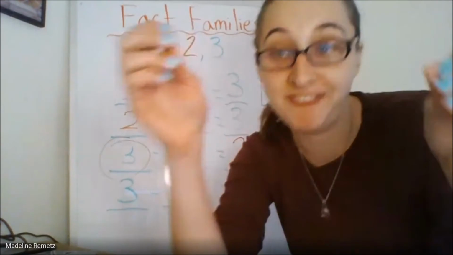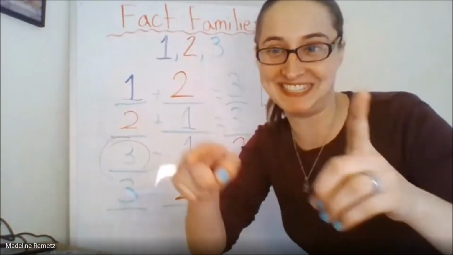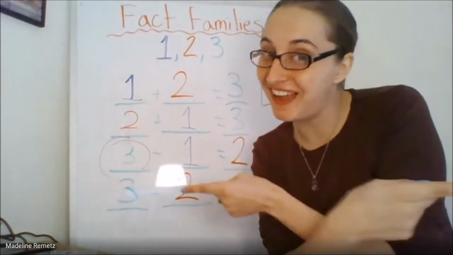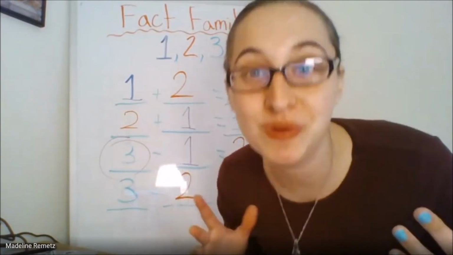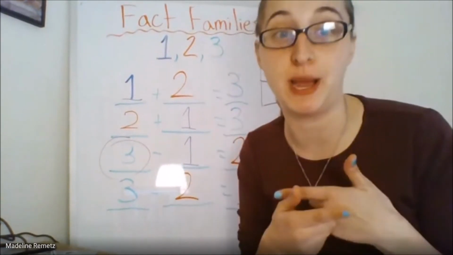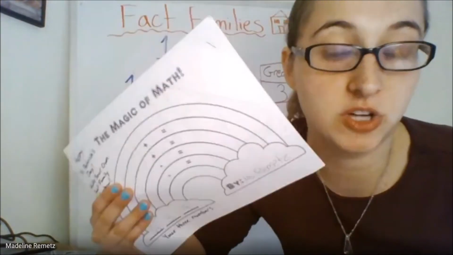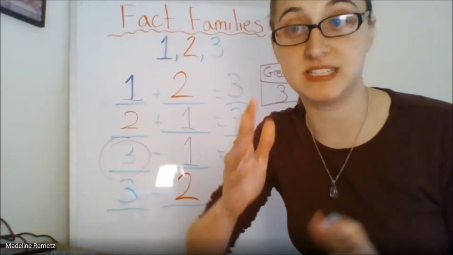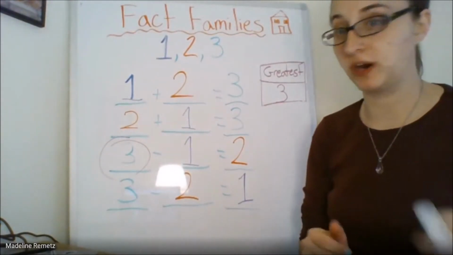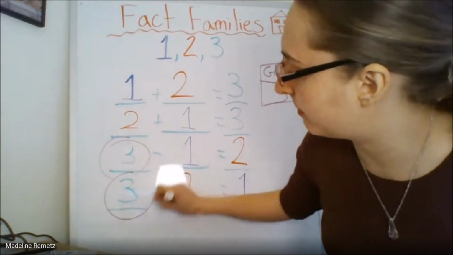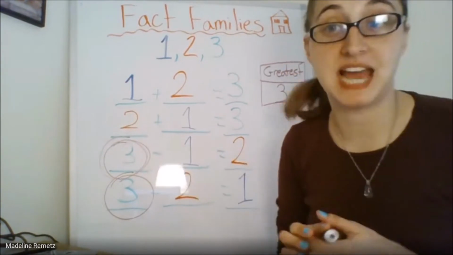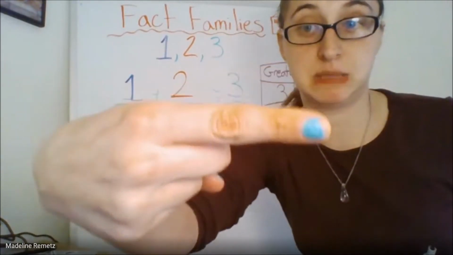And with fact families, we are trying to flip-flop, flip-flop. So today, you are going to get to flip-flop using your fact family packet. So you're going to be heading out in a second, but just make sure that you know the greatest number is at the start of subtraction.